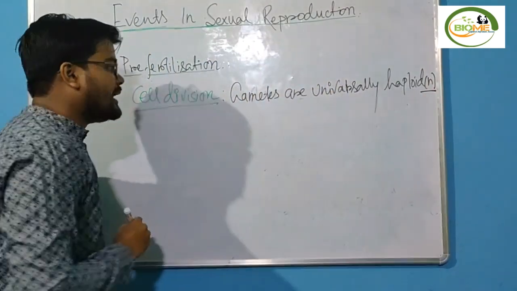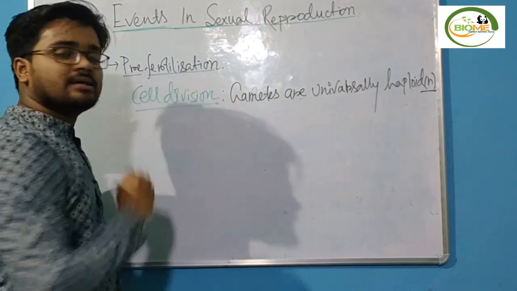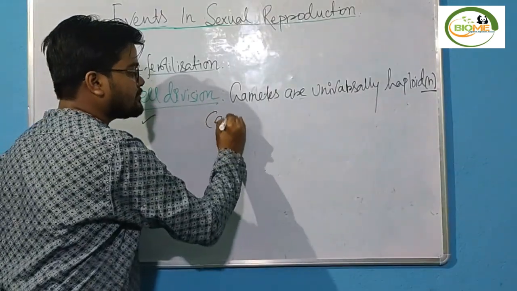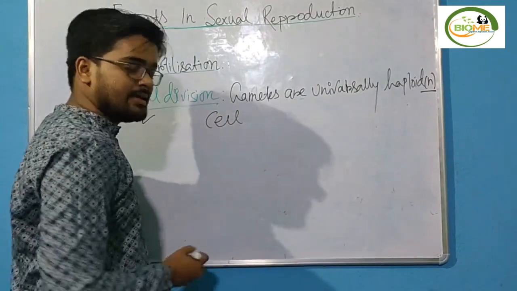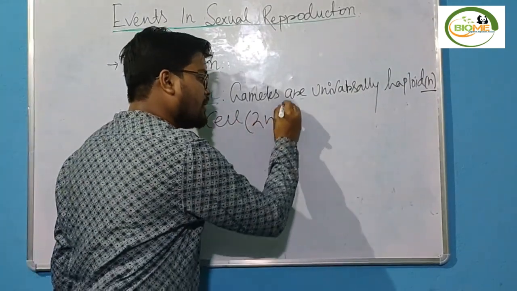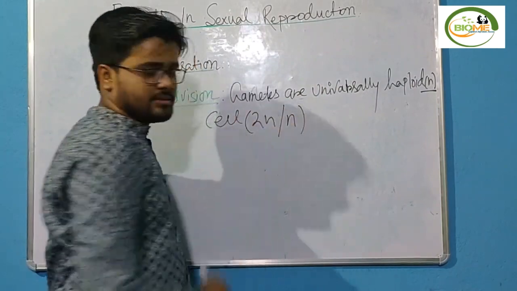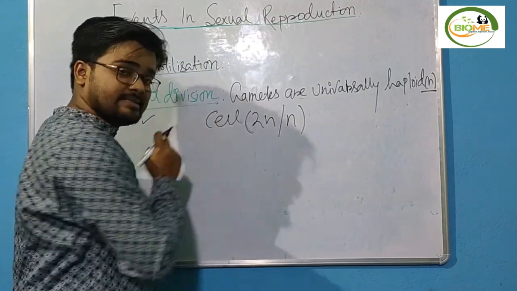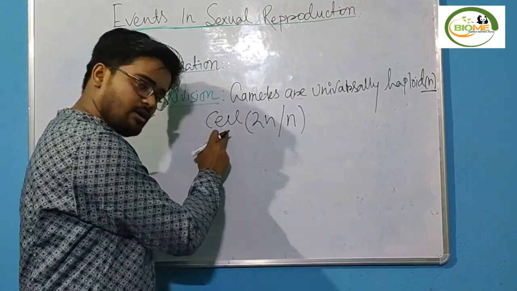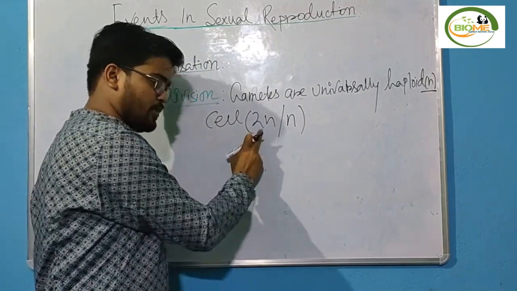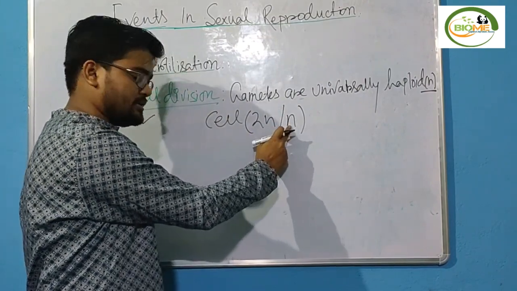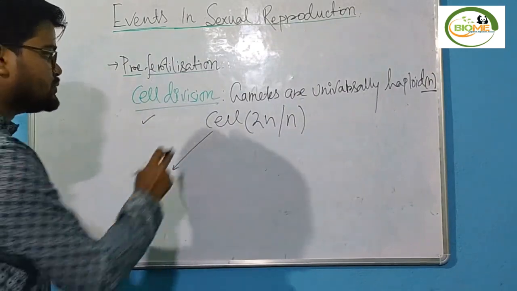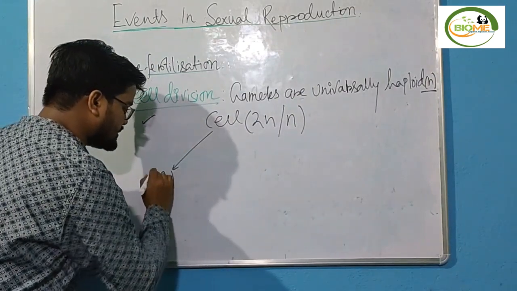The gametes are produced from a particular cell, and the ploidy of this cell might be diploid or haploid. So suppose this cell is haploid.